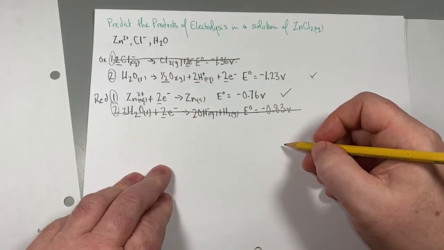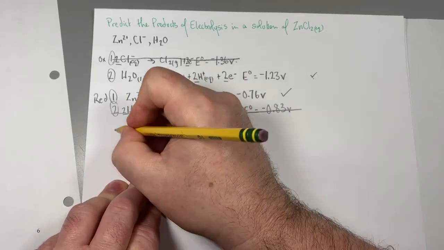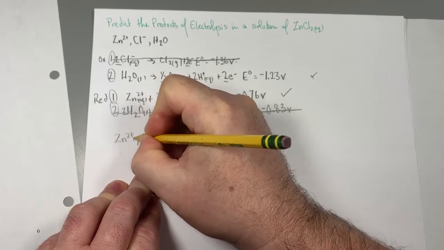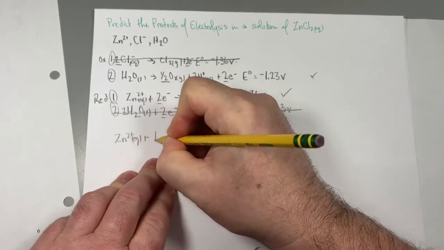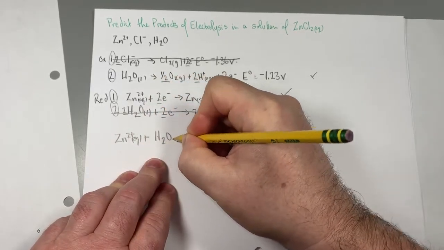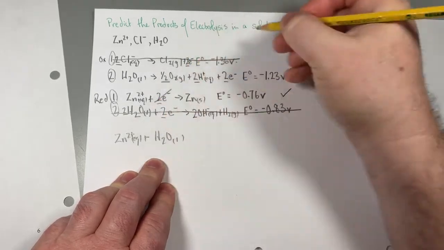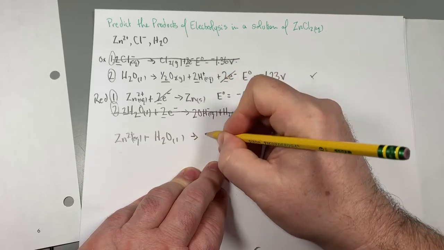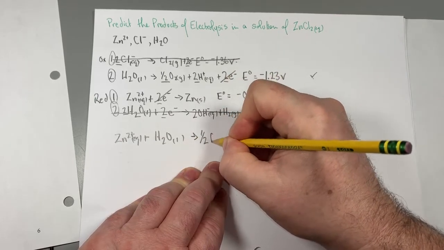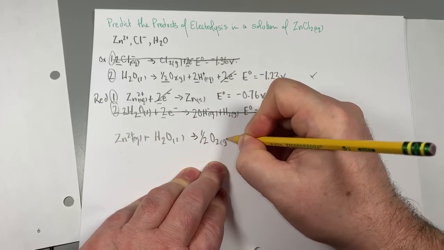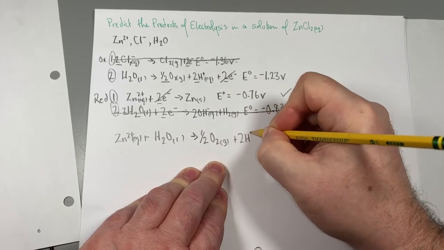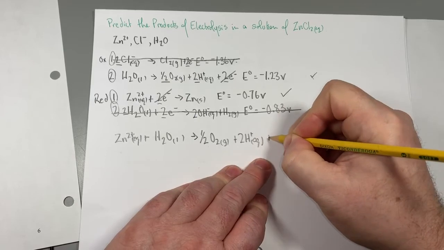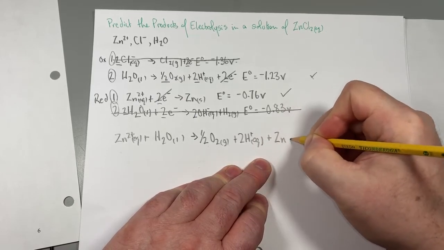So if I write the overall reaction, I have Zn2+ plus water, electrons cancel, produces a half of an O2 gas plus 2H+ plus Zn solid.